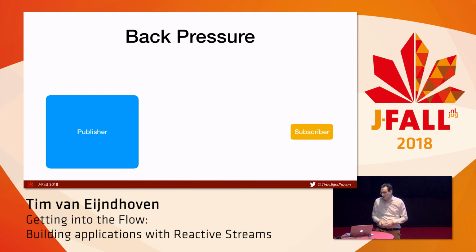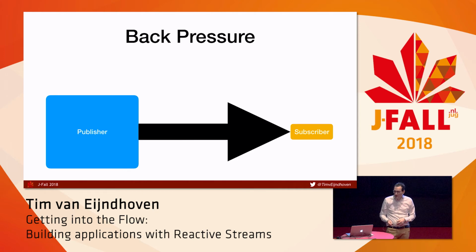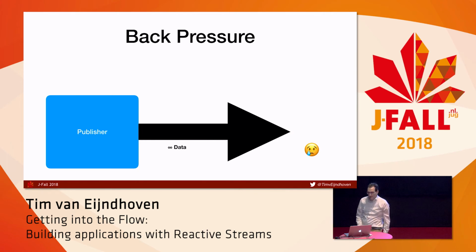So it has less capacity than the publisher can provide. It will send this large amount of data, right? Infinite amount of data to the subscriber. Anybody knows what happens to the subscriber in this case? It will die. And that makes me very sad.